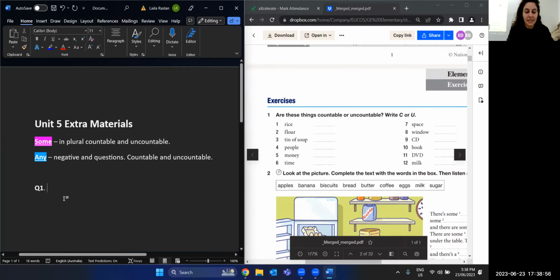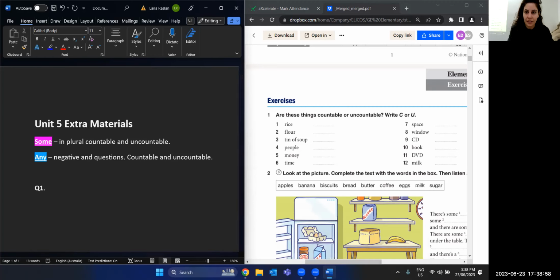Okay, so good. Rice is uncountable. So we've got rice. What about flour? Is that countable or uncountable? Yeah. So flour. So again, if I want 5, I don't say 5 flours. What do I say? 5 kilos of flour.